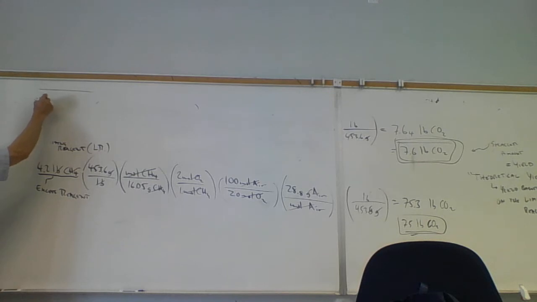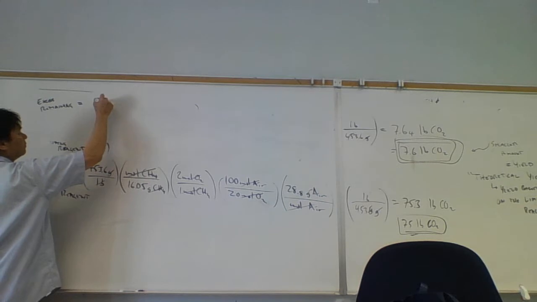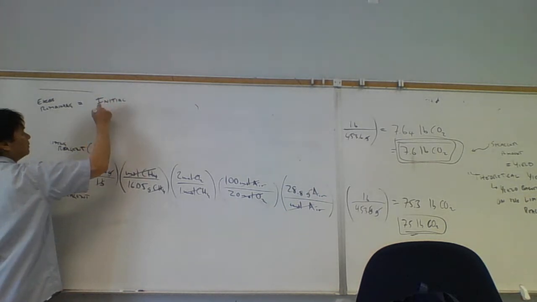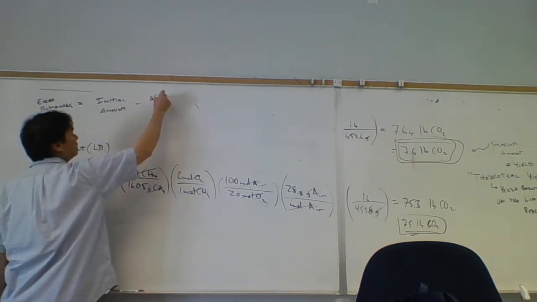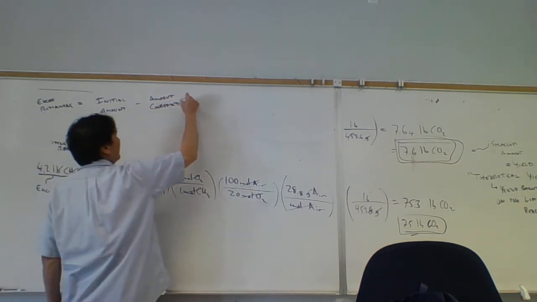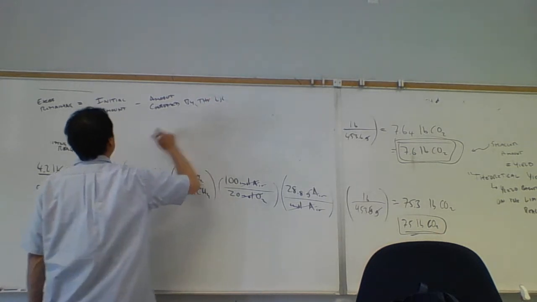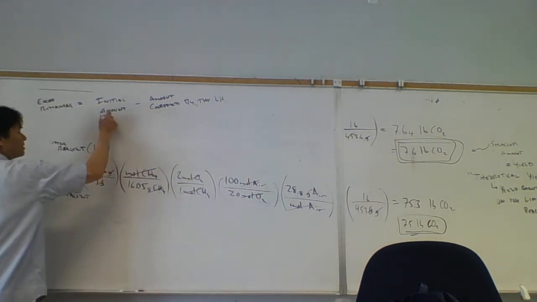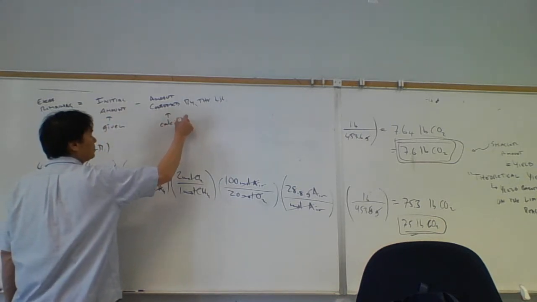The excess reagent remaining, let's say excess remaining is equal to the initial amount minus the amount consumed by the LR, limiting reagent. The initial amount is given. This one we have to calculate using stoichiometry.